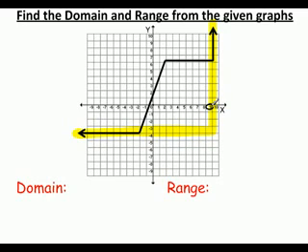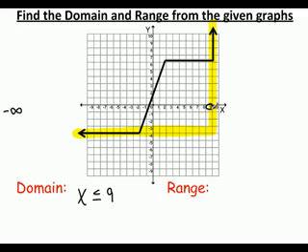And the furthest left I go, well, this arrow keeps going, goes on forever. It's going to go all the way to -infinity. So my x values is a range. So how do I show all the values from 9 all the way down to -infinity? Well, we can use an inequality. My x values are less than or equal to 9.